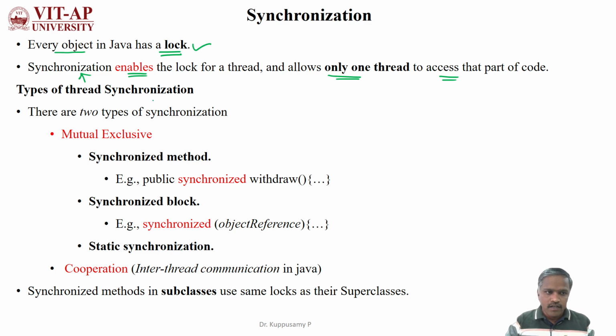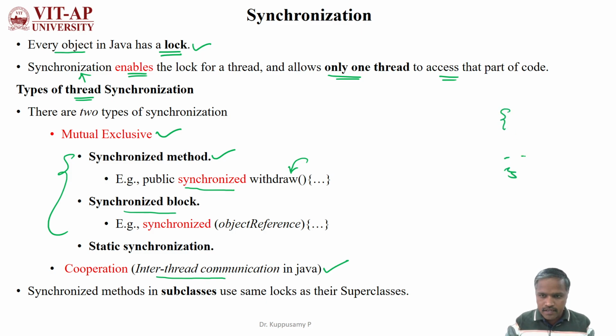Here we have different types of synchronization. One is mutual exclusive synchronization and another is cooperation, or another terminology, inter-thread communication. In mutual exclusive synchronization, we have three subcategories. One is the synchronized method; here the syntax is given. The method should have the synchronized keyword. Then the synchronized block: whatever number of lines we write inside the curly braces is called a block.